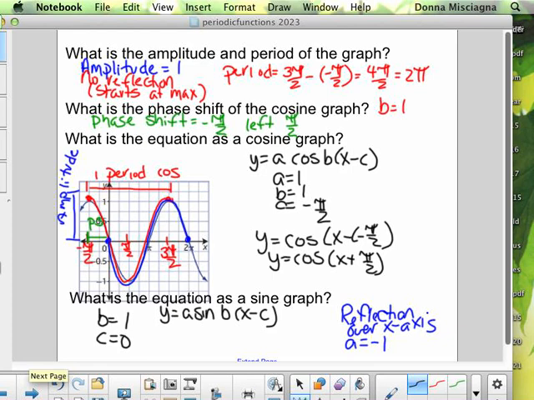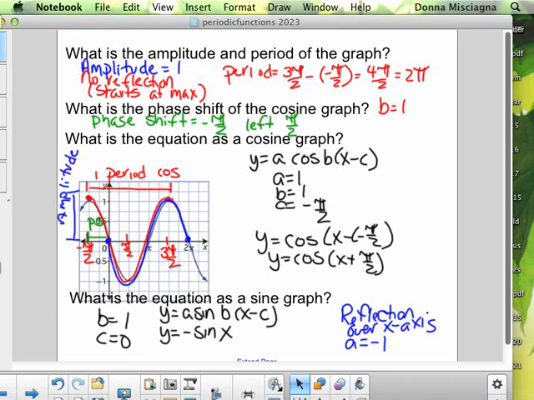The only thing I need to replace is the a. So this is y equals negative sine x. So the same graph can be represented as y equals negative sine x or y equals cosine x plus pi halves. Notice the graph went one to the left, and since A is negative, it's negative sine. When we went to the right, we had a positive sine x.